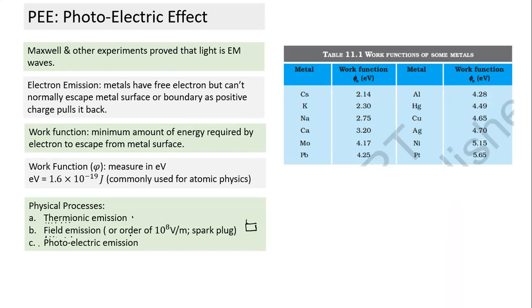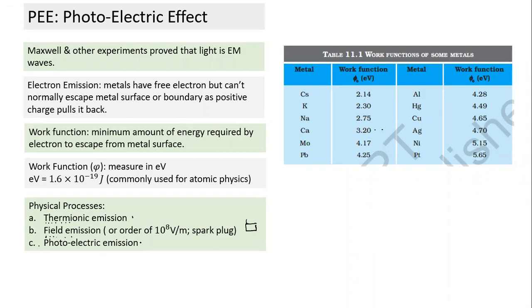That is photoelectric emission: energy transfer from light to a free electron, and if the energy is large enough, the electron can escape. Suppose I have calcium; the light has to provide an energy of 3.2 electron volts or greater for it to escape. If we provide 3.2 electron volts, it will escape with minimum kinetic energy. If we provide greater than 3.2, it may escape with more kinetic energy.